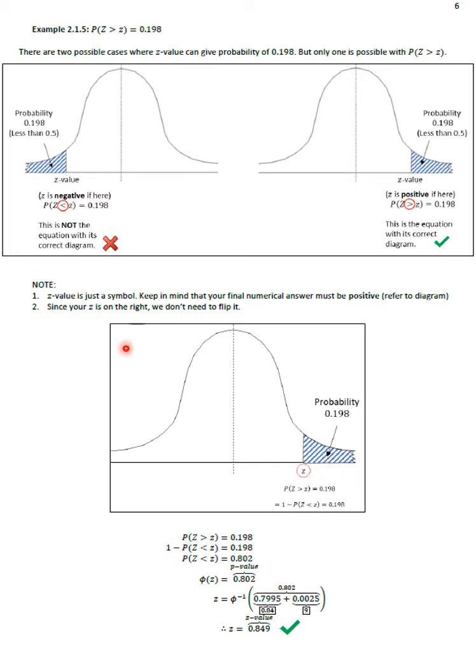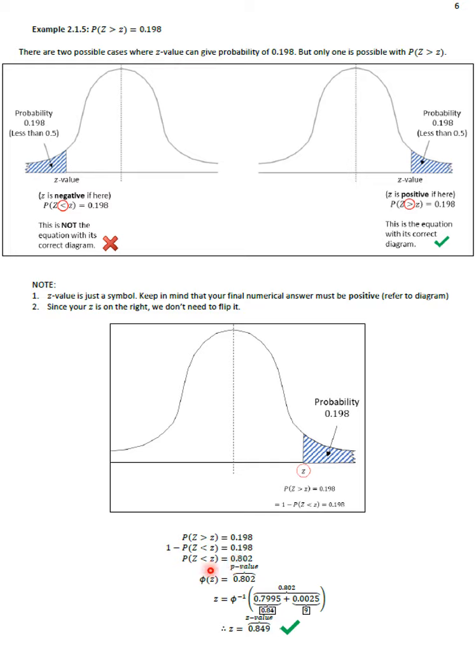The notation for this one is Z greater than small z, which can be rewritten as 1 minus the probability of Z less than small z. With algebra, moving 1 to the other side, you get P(Z less than z) equals 0.802.